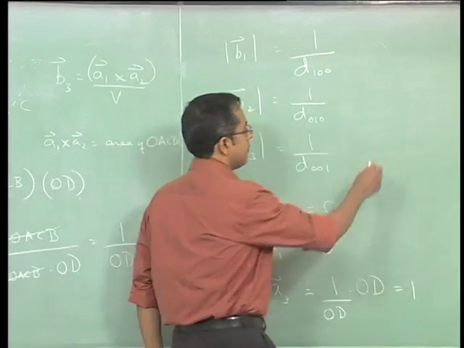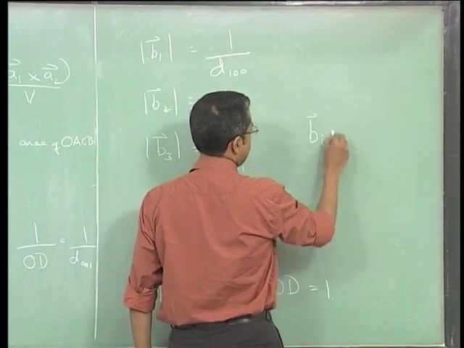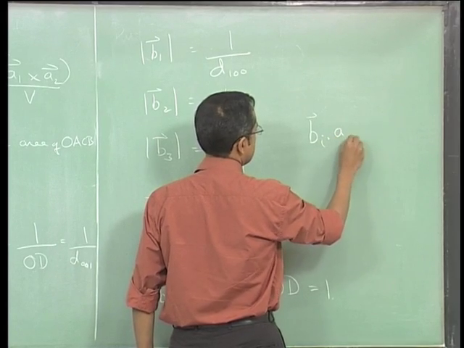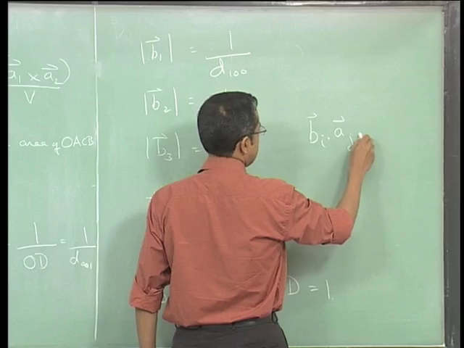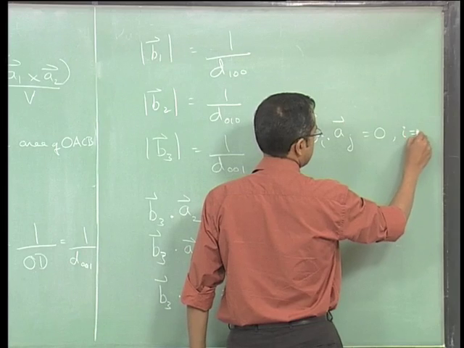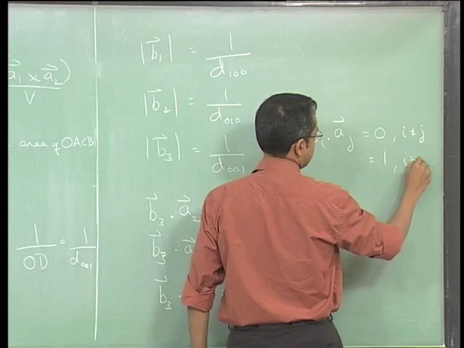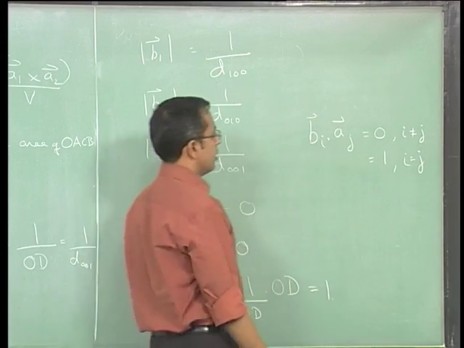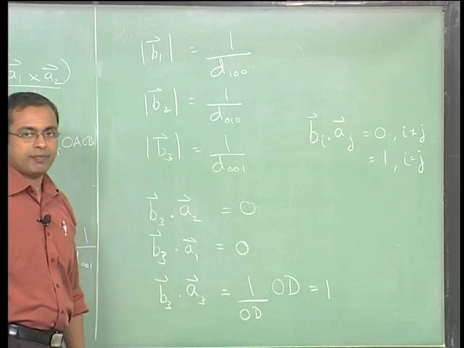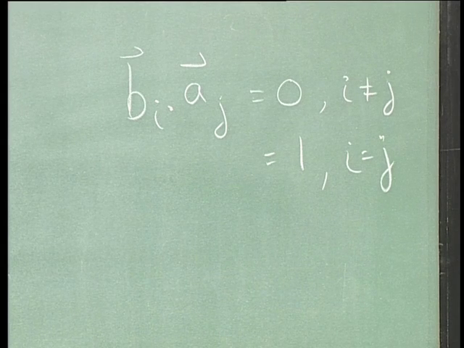So more generally, if you have Bi dot Aj, then this is equal to 0 when i is not equal to j and is equal to 1 when i equals j, okay. So that is the notation that we have, and that is the consequence of the way in which we have defined these vectors, okay.